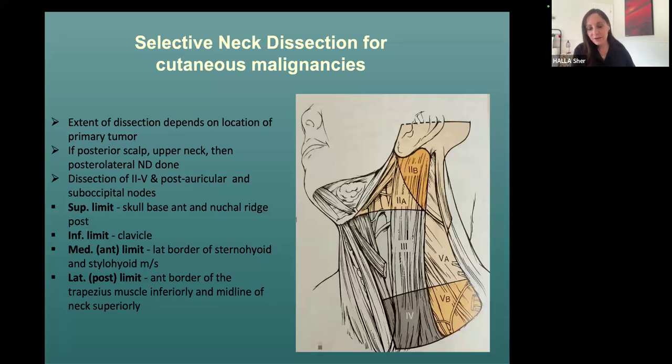The posterior lateral neck dissection refers to a neck dissection that is most commonly done for cutaneous malignancies involving the posterior scalp and upper neck. The superior limit of this dissection is the skull base anteriorly and the nuchal ridge posteriorly. The inferior limit of the dissection is the clavicle.